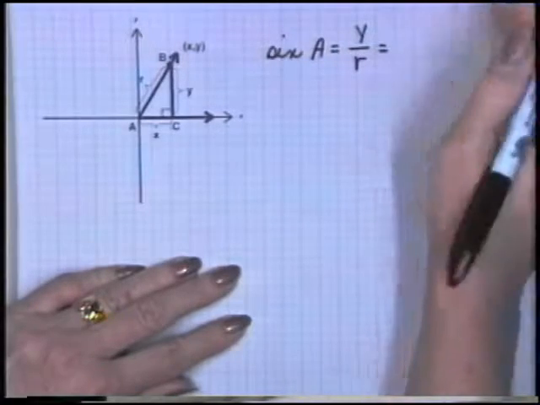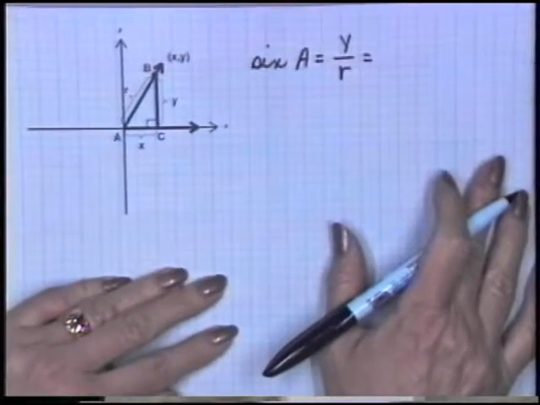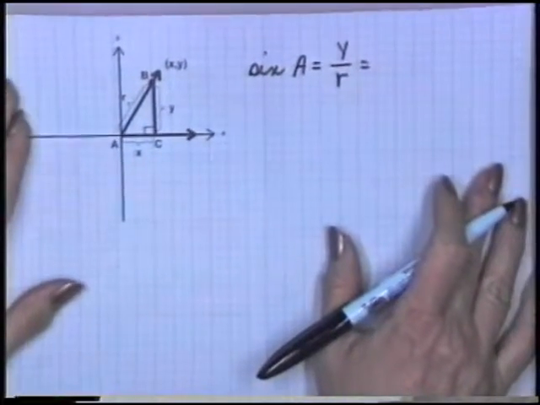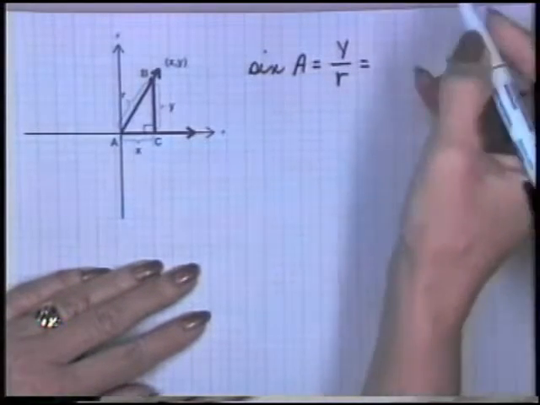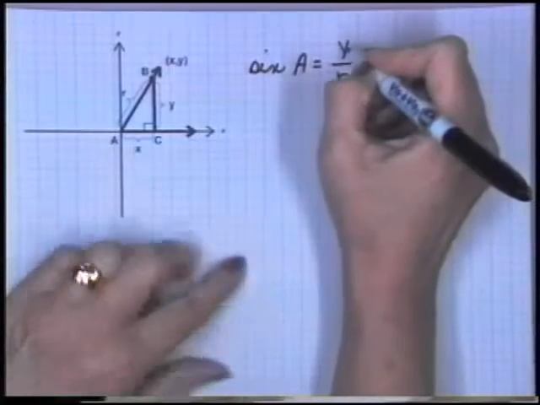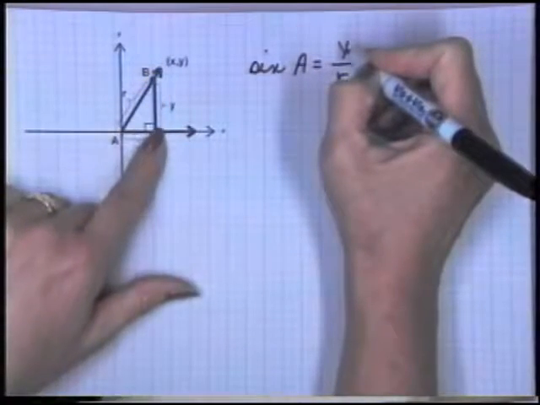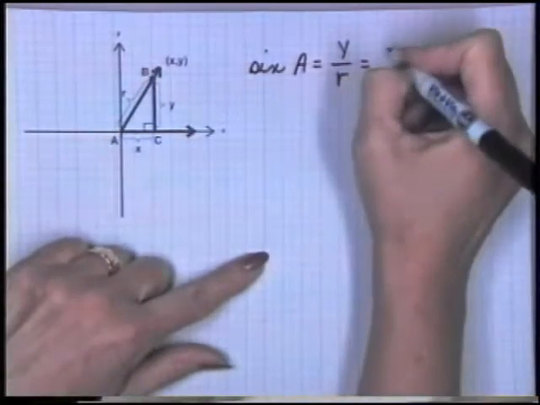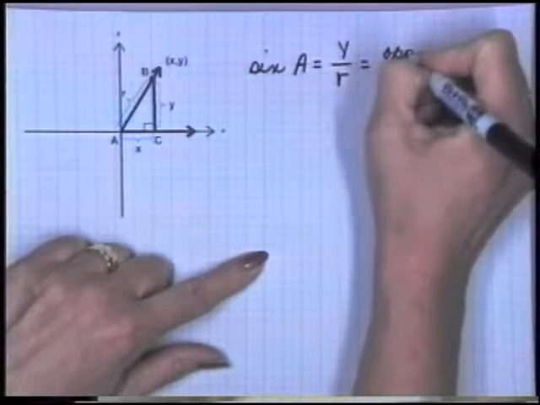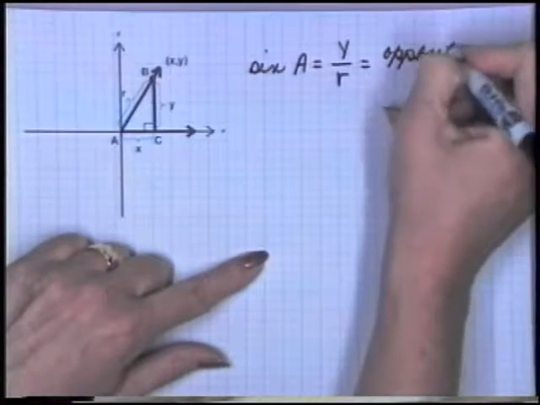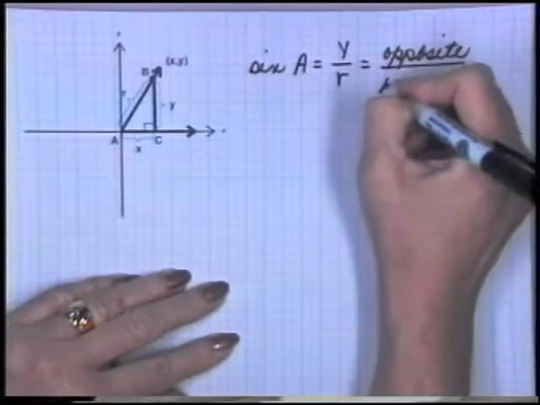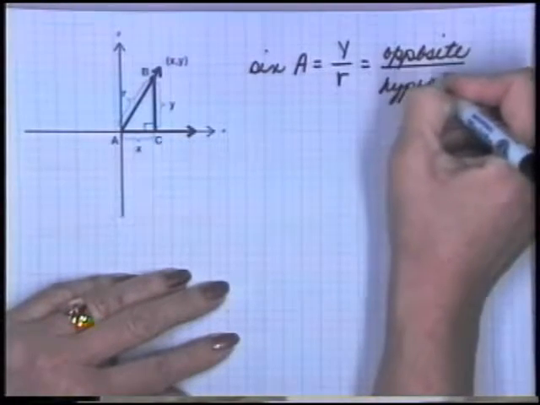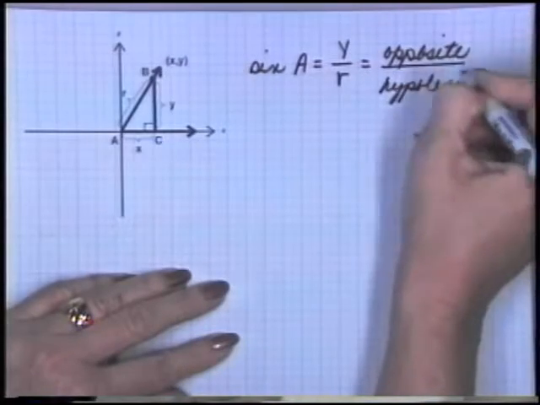So using those relationships, opposite, adjacent, and hypotenuse, y is the leg that is opposite angle A, so we'll write opposite divided by r, which is the hypotenuse.